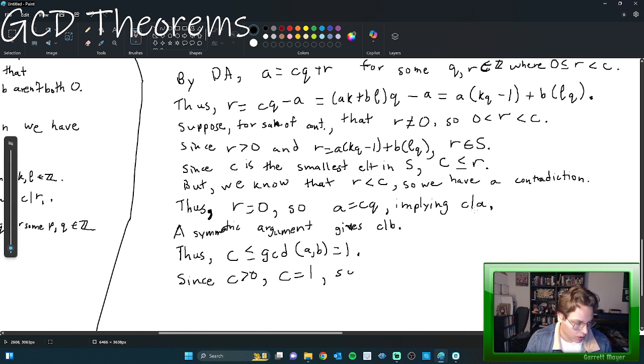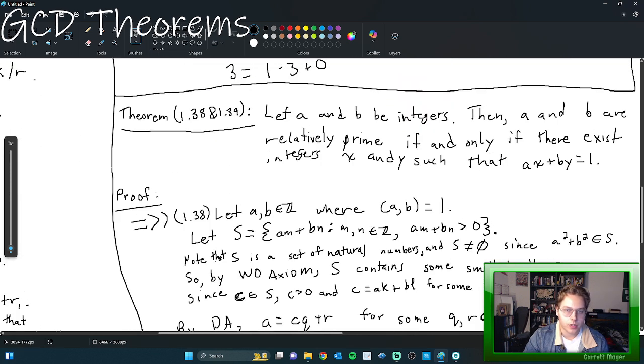So 1 equals AK plus BL, which is what we were trying to prove originally. We found the two integers that we can substitute in to make it possible to write 1 as AX plus BY. K and L are those integers X and Y. So that proves that first direction.